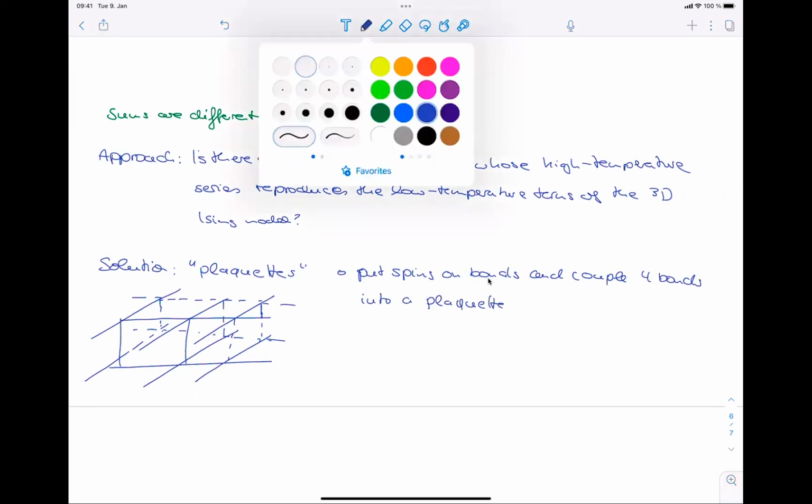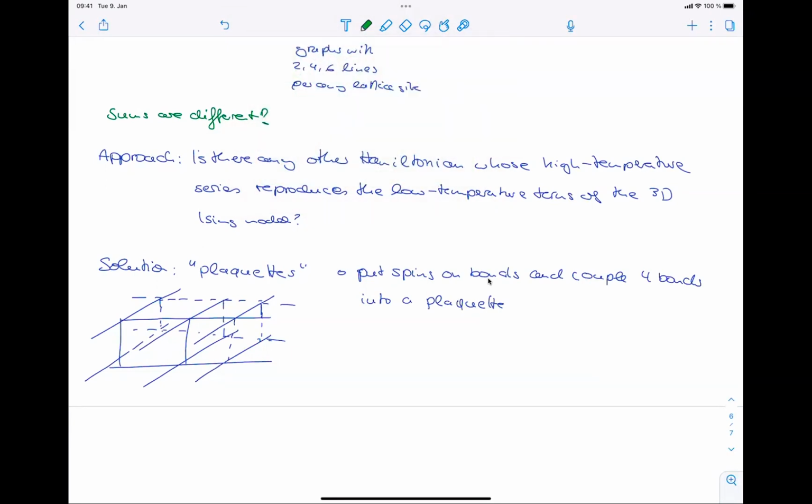These are the lattice sites, these vertices. Now I put spins on the bonds and I couple them into a plaquette.